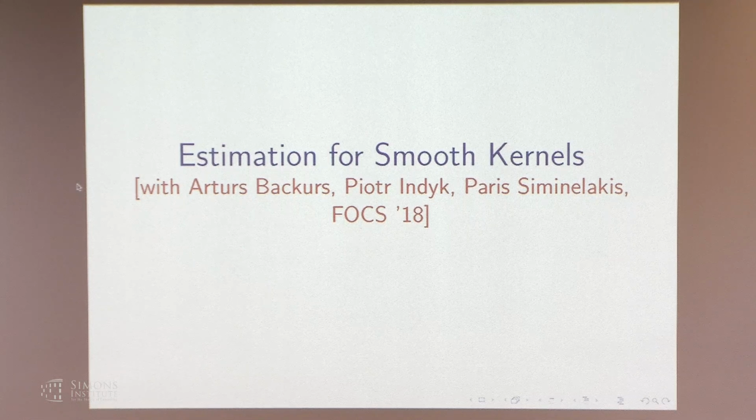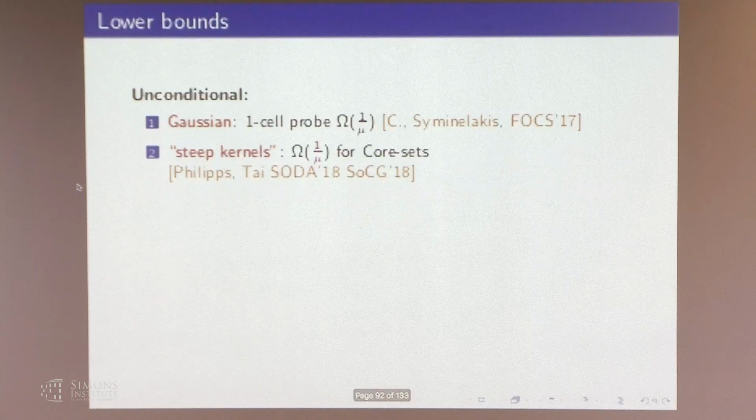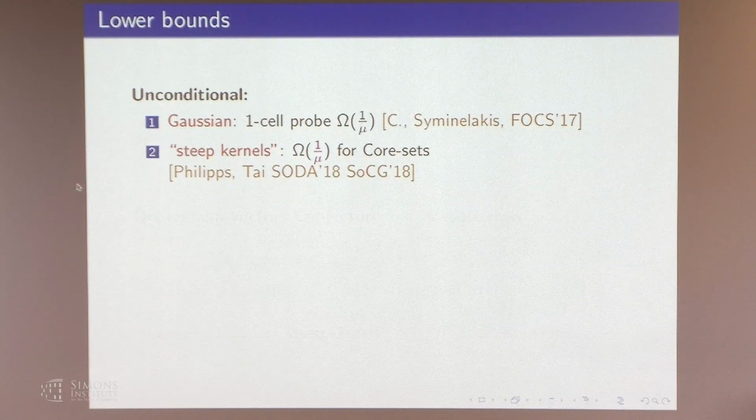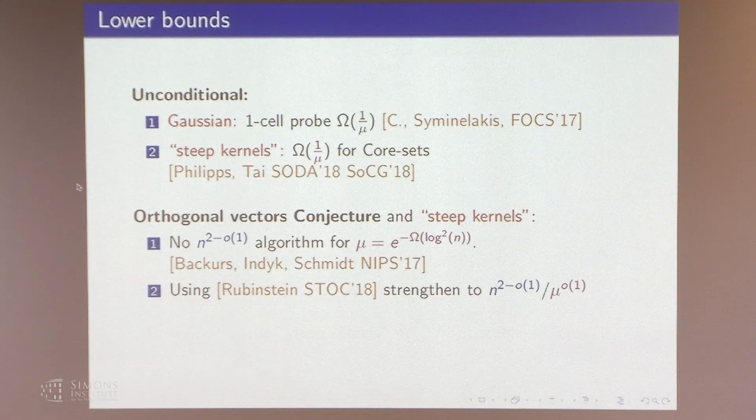This brings me back to the question I mentioned before: is this polynomial dependence on mu necessary? There are lower bounds, not exactly for the problem we care about but for very similar problems, that suggest that if your kernel is steep, if it varies very rapidly, like the Gaussian, which falls off very rapidly, then some sort of polynomial dependence on mu seems necessary.